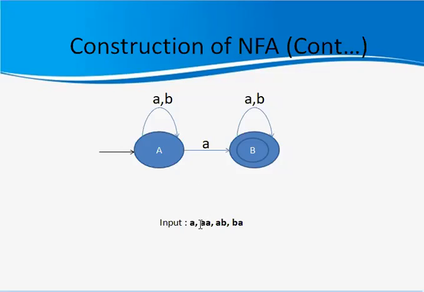Now we can check for the next string, that is aa. So on input a, our next move can be either state A or state B. If we are taking from initial state A on input small a, next state B, then on input next small a, our next state will be B itself.